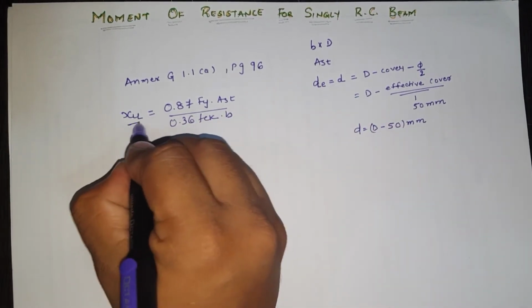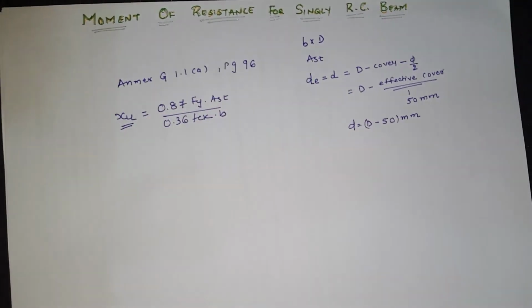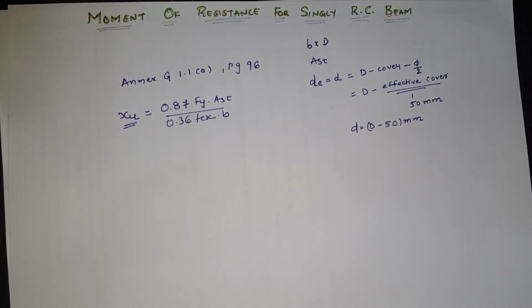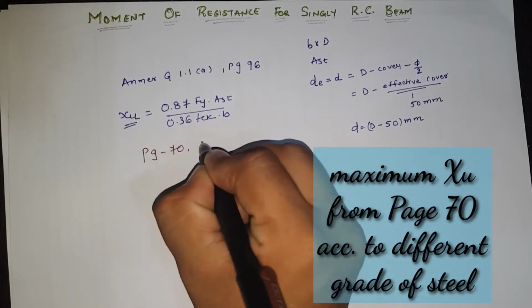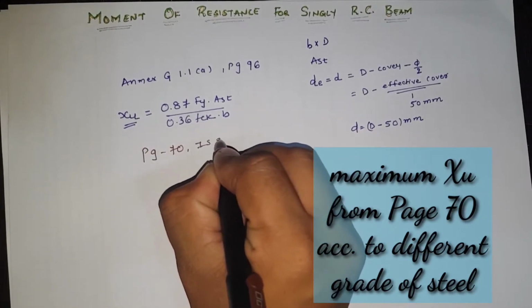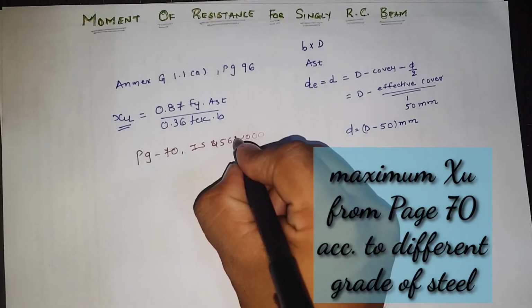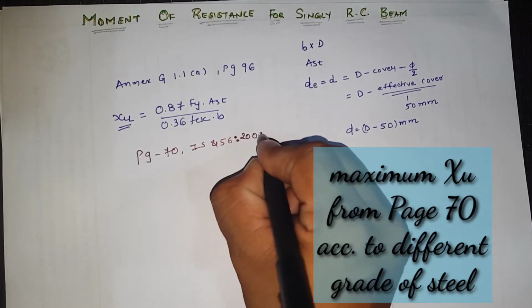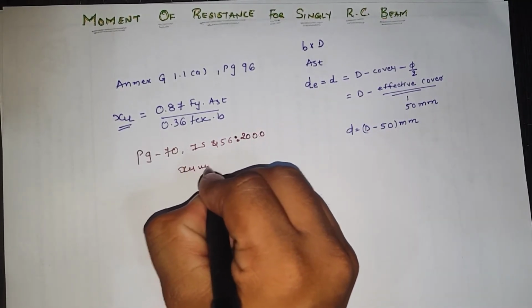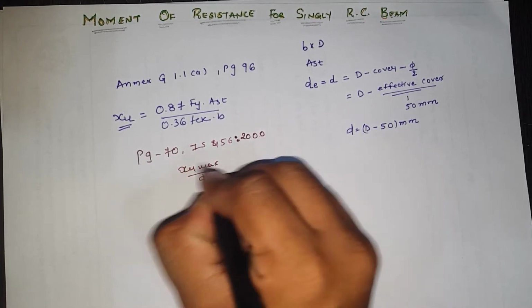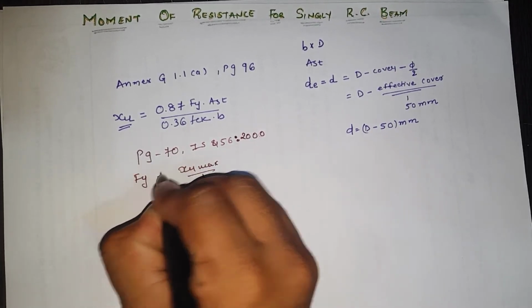From this we calculate the value of the neutral axis, and from page number 70 of IS 456:2000, we use the xu max by d value for different grades of steel.